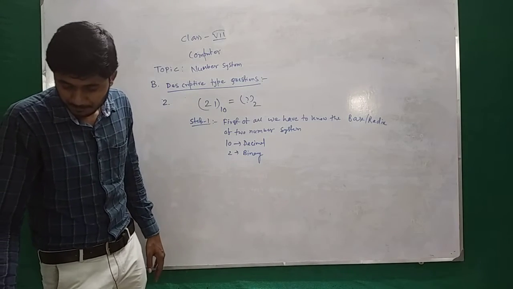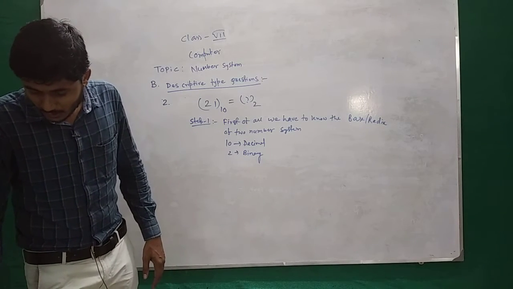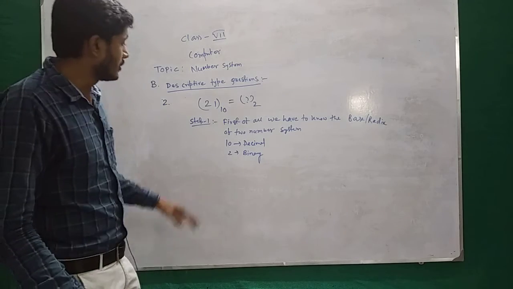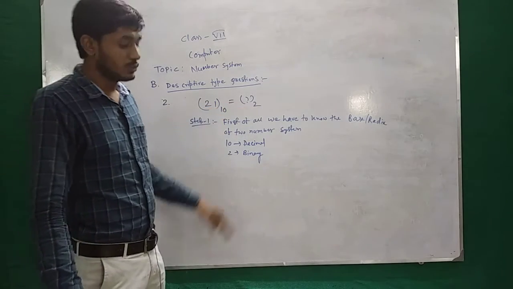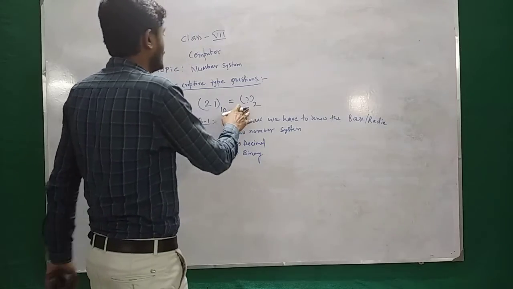So the process is, how to convert a particular number 21 to its equivalent form of binary.